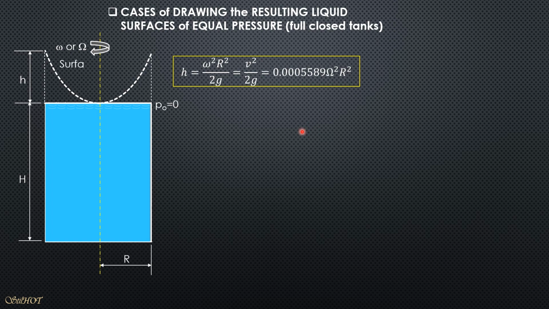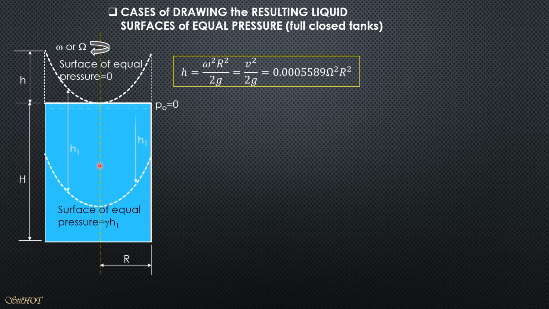Then we call these surfaces of equal pressure, and the pressure is equal to 0 because initially the pressure at the top is 0. If we draw a surface parallel to that, this is called a surface of equal pressure, and the pressure is gamma times h1, because the vertical distance between any points is h1 as shown in the figure.